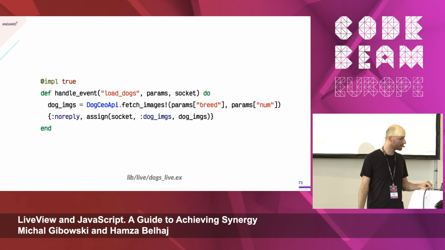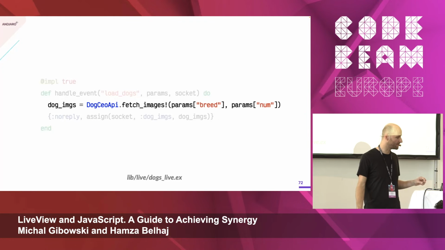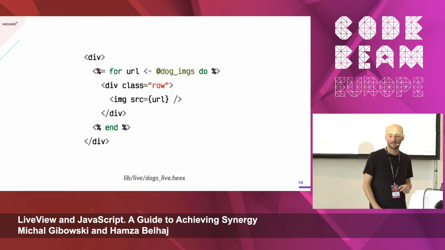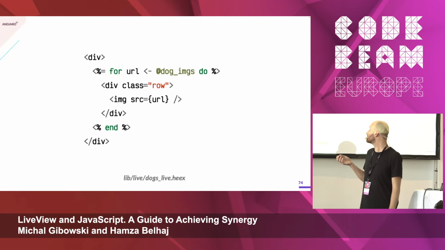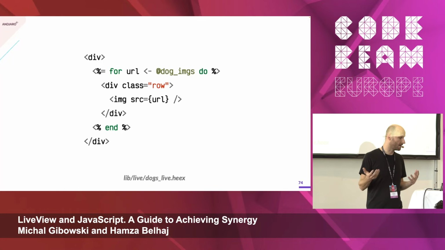In this case, we first fetch URLs of the dog images from an external API, and then we save them on a socket in the socket assigns. The assign is called dog images, and then inside of the HEEx template, those images are displayed in a normal LiveView way.